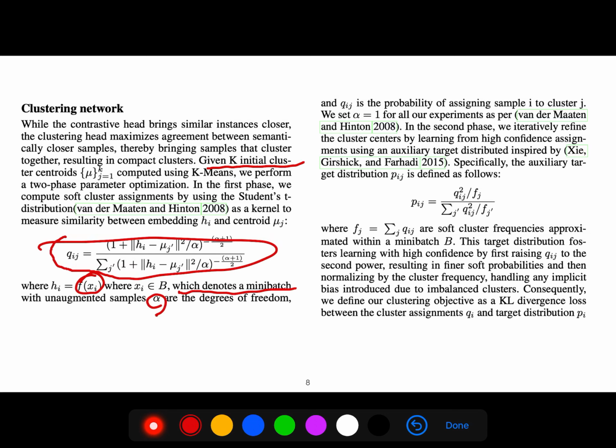Alpha here is the degrees of freedom, and q_ij is the probability of assigning sample i to cluster j.